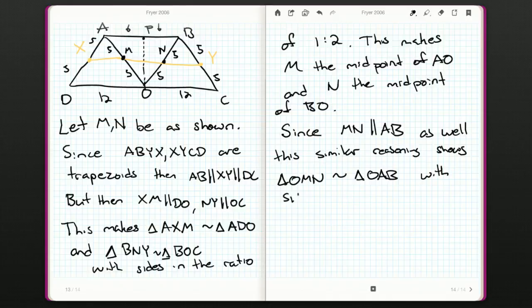And once again, the sides are in the ratio of 1 to 2. Okay. So that's looking good.